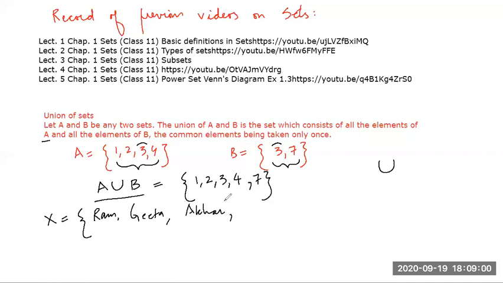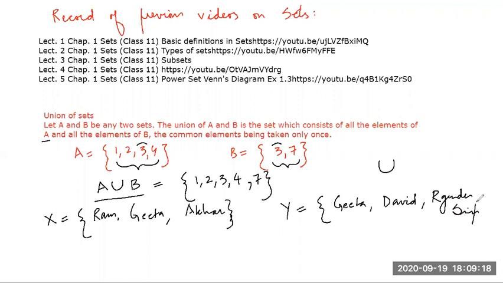Now, let Y be a set having Geeta, David, and let's say Rajendra Singh. All right. Now, when I want the union of 2 sets, I'll write X ∪ Y.